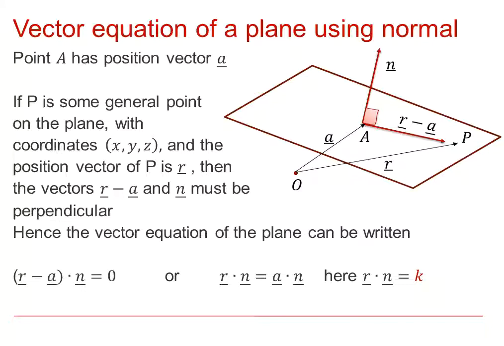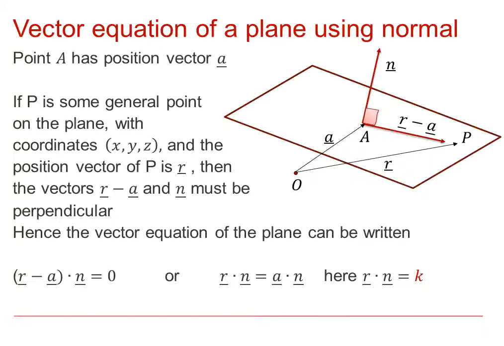And if we look carefully at the diagram, the vector r minus a and the normal vector n will be perpendicular to each other. Hence the vector equation of the plane can be written as r minus a dotted with n must be 0, or it's more usually remembered as r dotted with n equals a dotted with n.